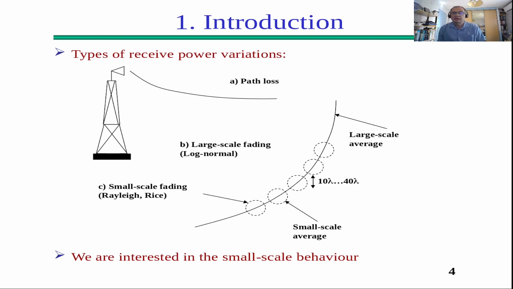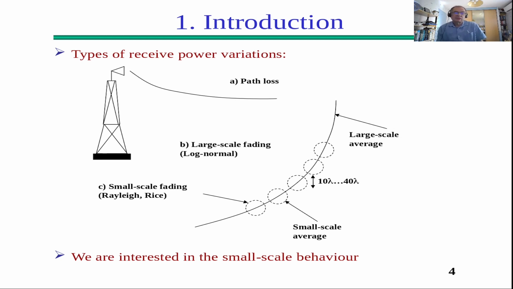Large scale fading variation follows a log normal distribution and is mainly due to the shadowing effect of large objects which obstruct the transmitting path. Again, it's averaged over several thousand wavelengths.